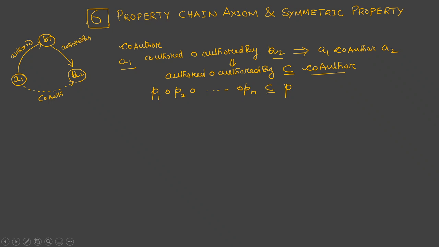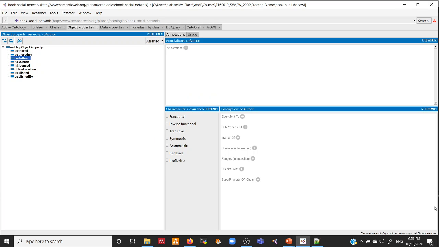Let us try to model this in Protege. We have this co-author, which we have not really defined properly. Now we are going to define it.